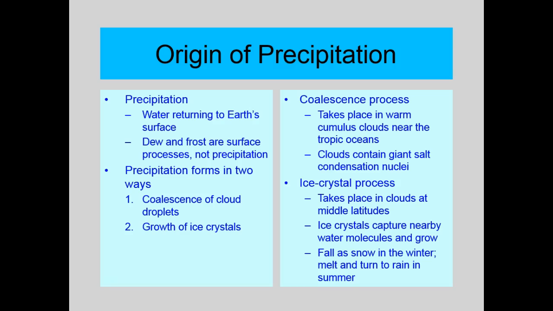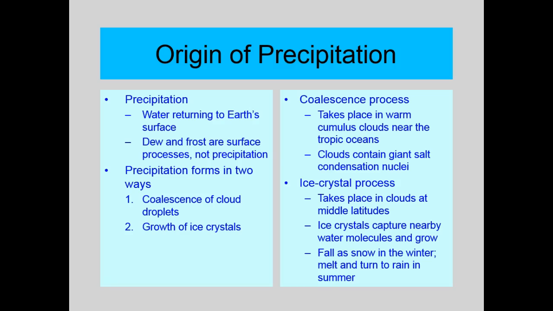So now, the second of these, the ice crystal process, takes place at the middle latitudes. Where do we live? Middle latitudes. That's basically between the Tropic of Cancer and the Arctic Circle. That's a pretty wide range.